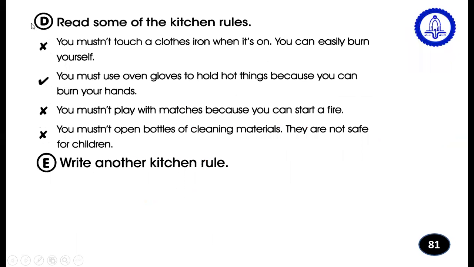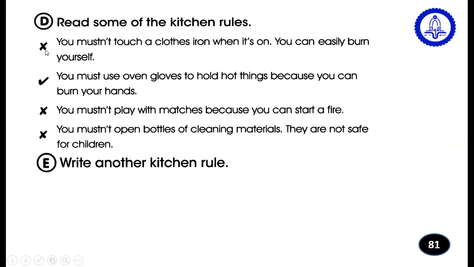Now we should complete activity D. Read some of the kitchen rules. Kitchen means مطبخ, rules قوانين.